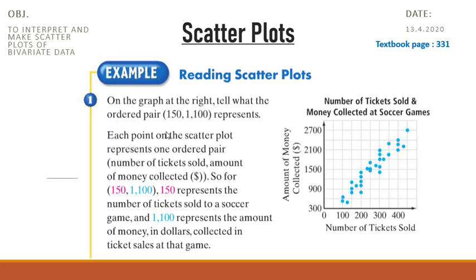Okay, in the scatter plot, each point in each ordered pair represents the number of tickets sold as the x coordinate, the horizontal, and the amount of money collected in dollars as the vertical coordinate or the y coordinate.